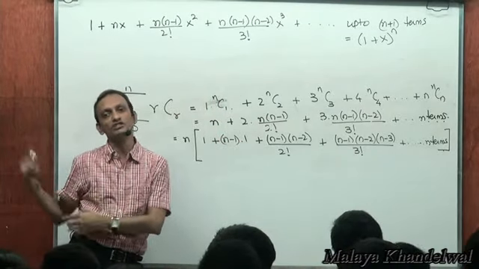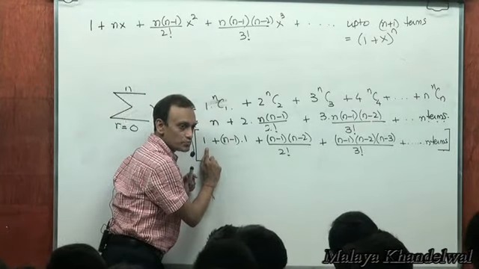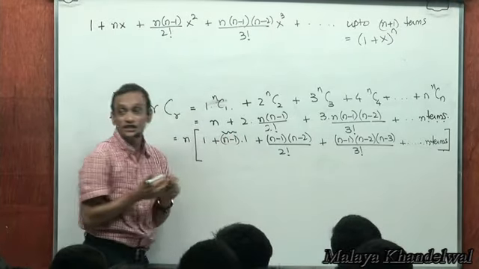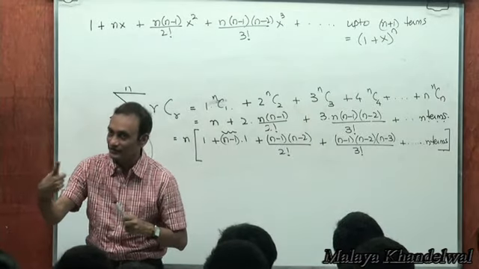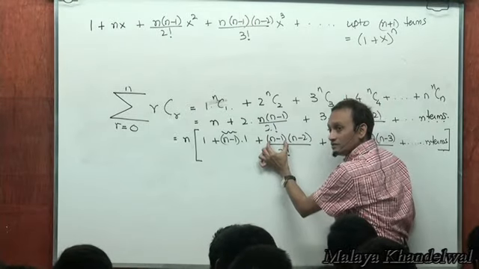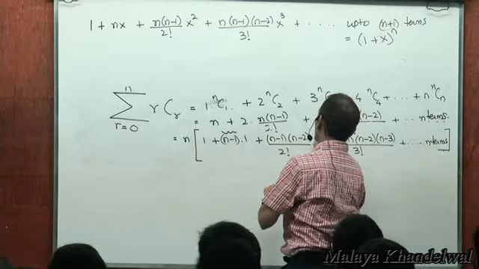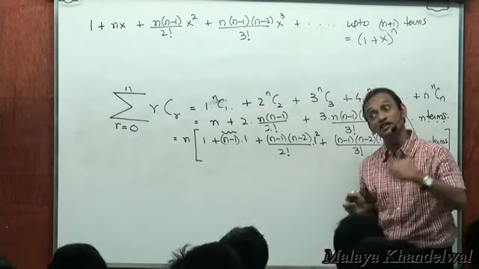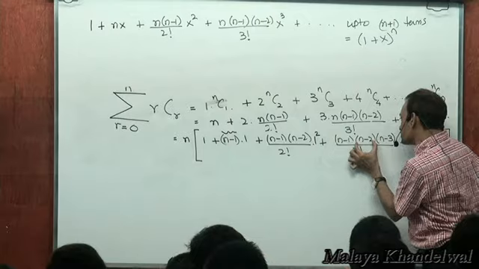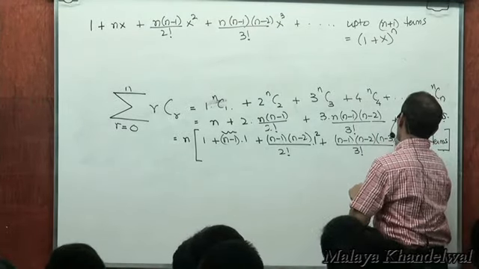The same thing, you want to read it now a little differently. This quantity inside the parenthesis, 1 plus n. My new n is n minus 1. Into x, x is 1. n into n minus 1 by 2 factorial into 1 squared, which is x squared. n into n minus 1 into n minus 2 by 3 factorial x cubed.